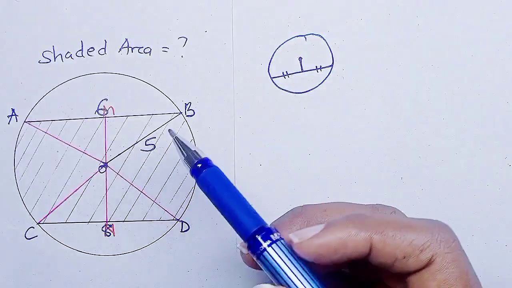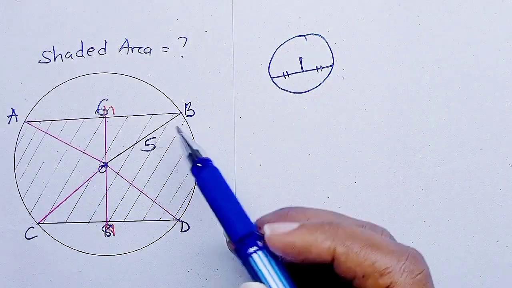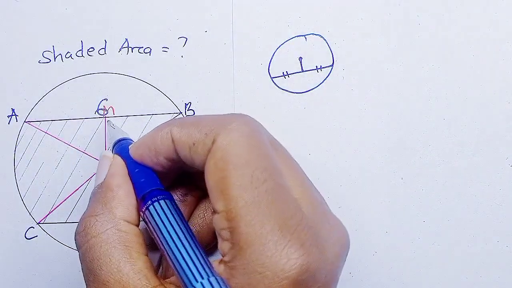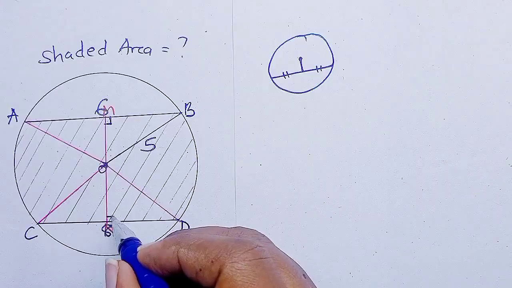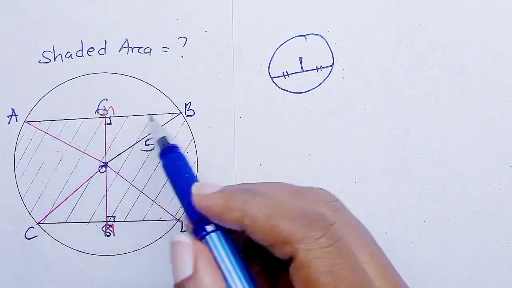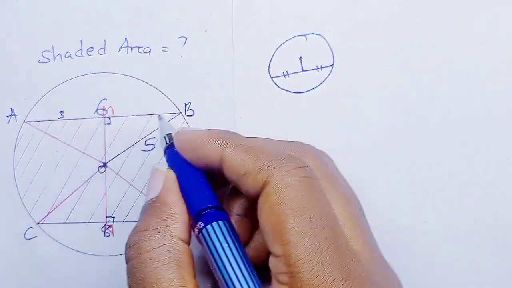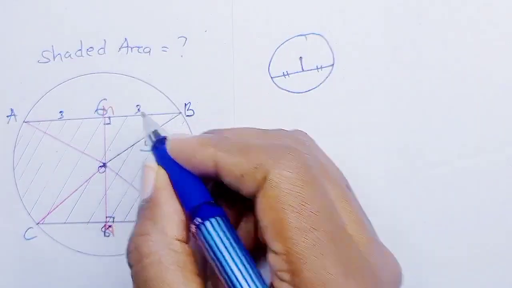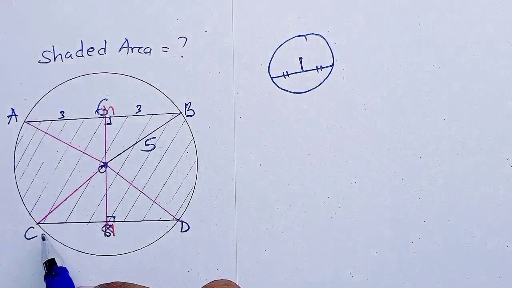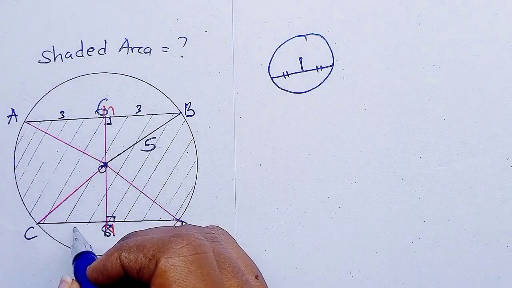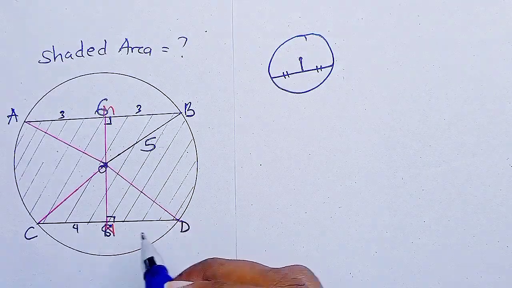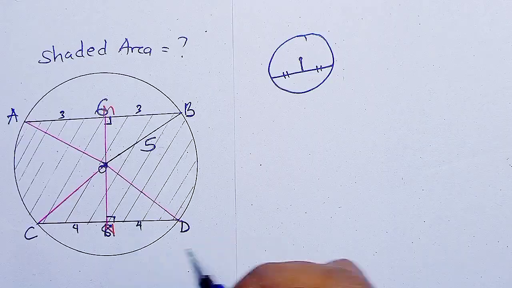Therefore, remember we drew perpendicular lines. If AB is 6, then AM is 3 and MB is also 3. And if CD is 8, that means CN is 4 and ND is also 4.